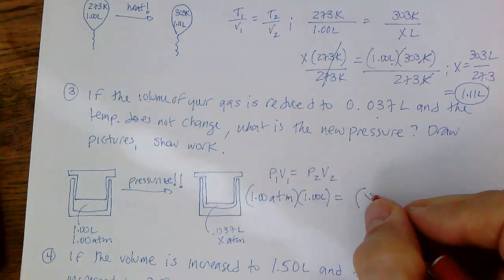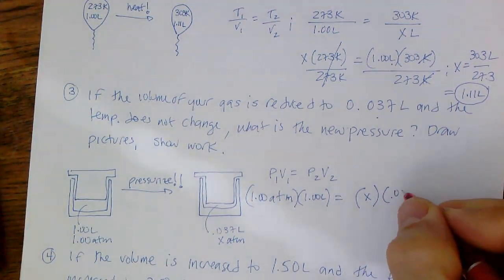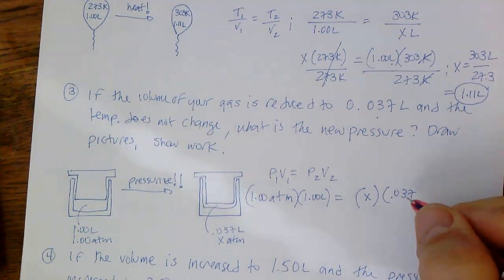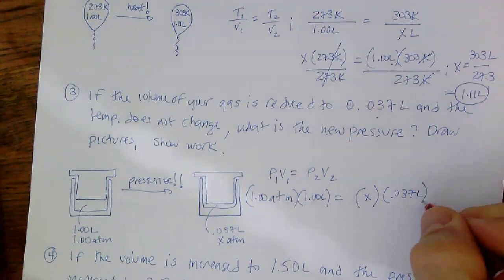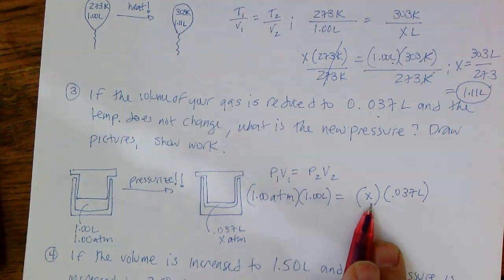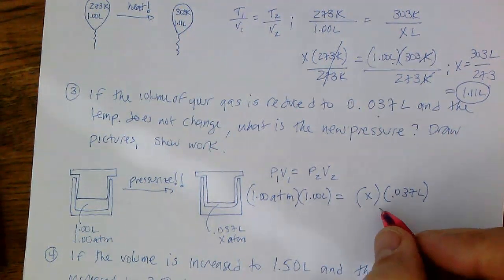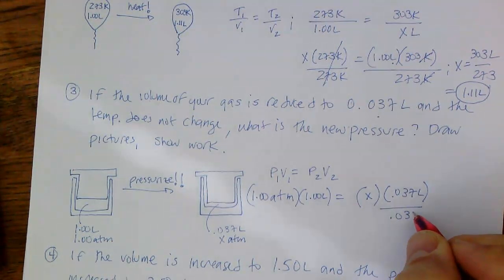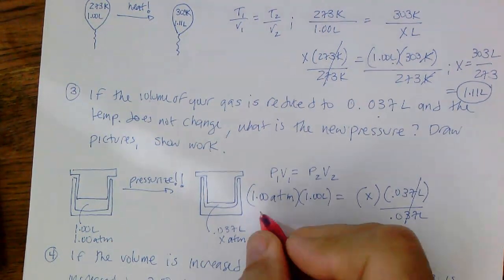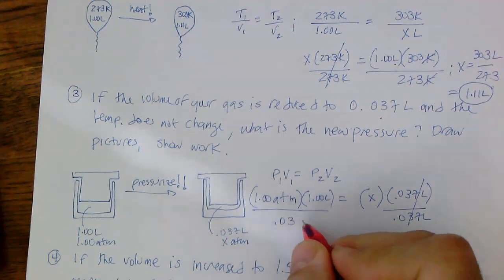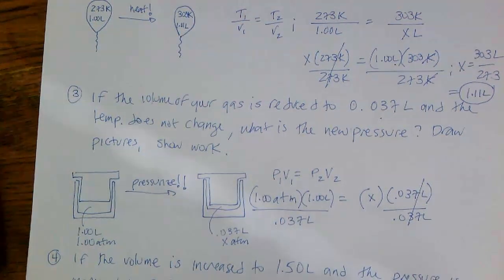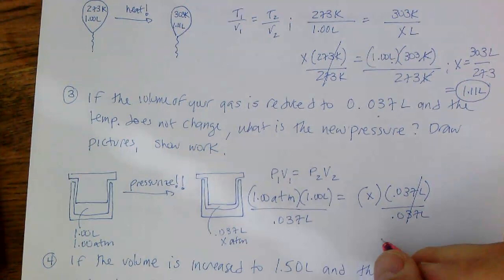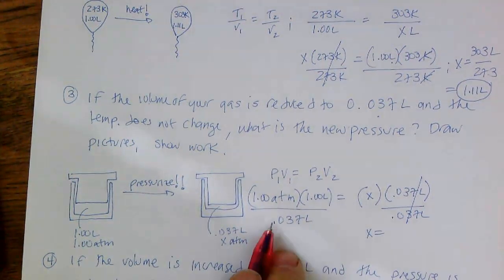It's going to equal X at 0.037 liters. I'd like to find out what X is for my new pressure, and so I'm going to divide both sides by 0.037 liters to get rid of it there, which it does, but you got to do it to both sides. Fine. And I guess X is going to be equal to this number.